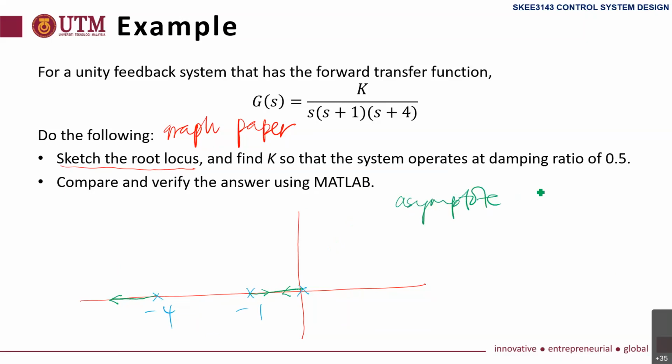There should be three asymptotes, 3 minus 0. And you need to find the real axis intercept and also the angles. The angles will be 60, 180, and 300 degrees.